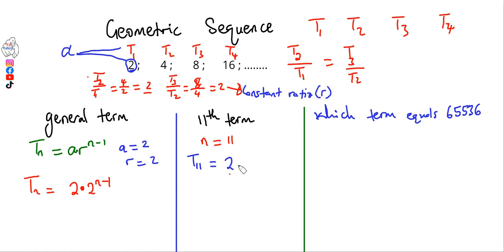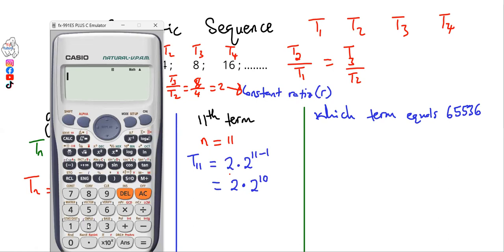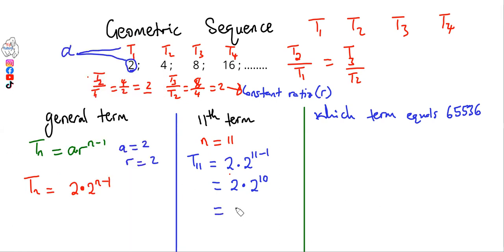So T11 is equal to 2 times 2 to the power 11 minus 1, which gives us 2 times 2 to the power of 10. Using the calculator, we get 2048. This is our final answer.